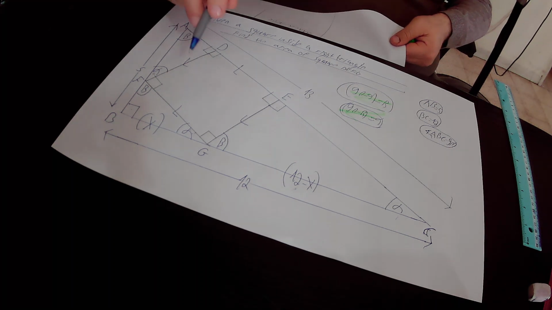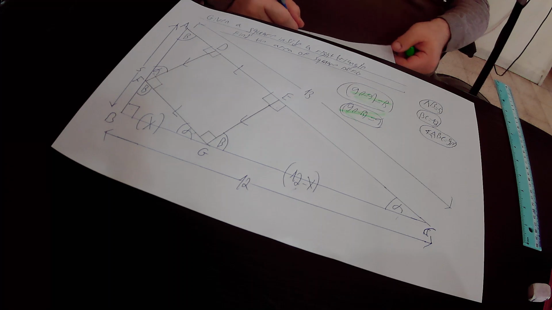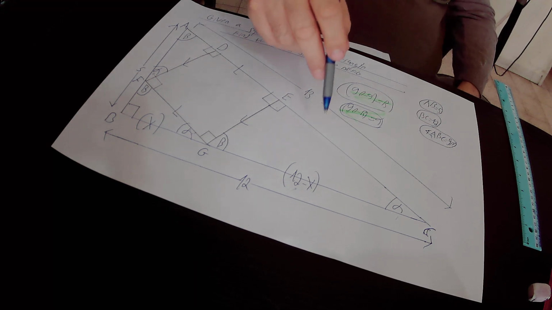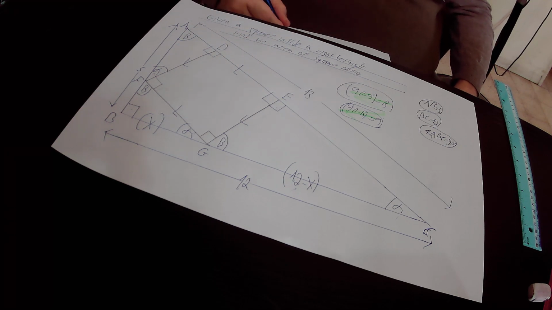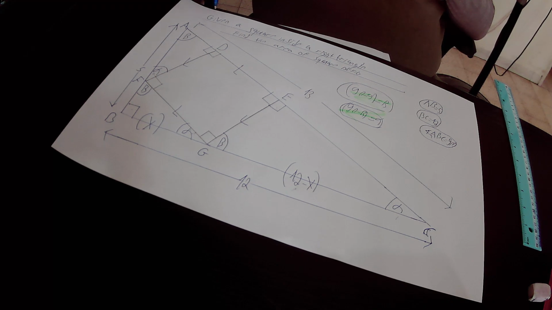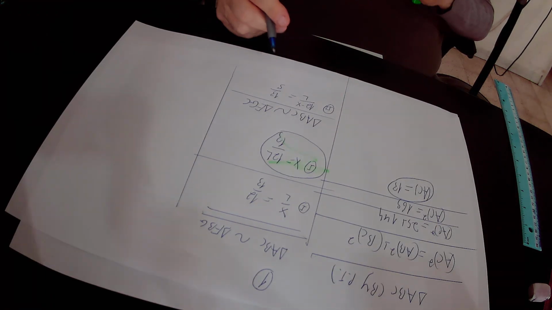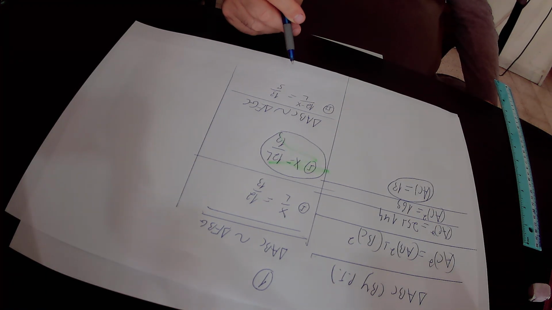And from the fact that the right triangle ABC is similar to the right triangle AGC, we derive that (12 minus x) over L in the right triangle AGC is equal to 13 over 5 in the right triangle ABC.